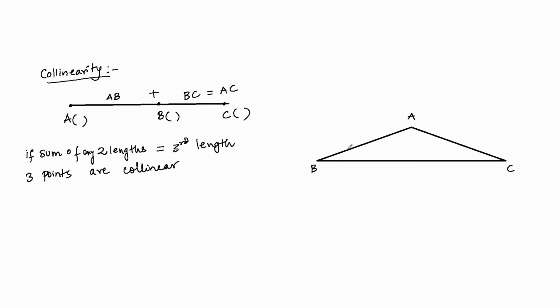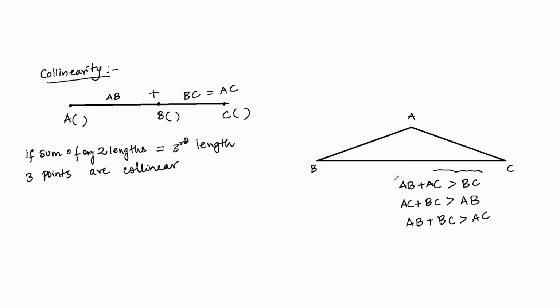Whereas in case of a triangle, I know that according to the triangle inequality, sum of any two sides is always greater than the third side. So AB plus AC will be greater than BC, and AC plus BC will be greater than AB, and of course the third combination, AB plus BC, would be greater than AC.